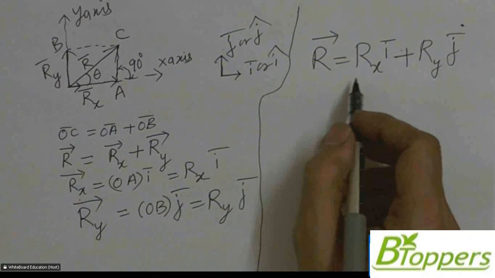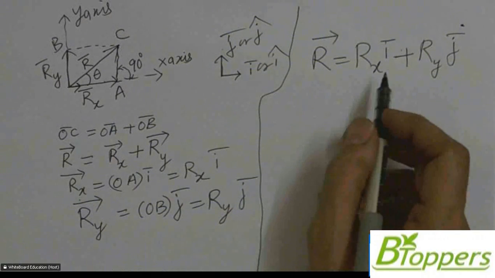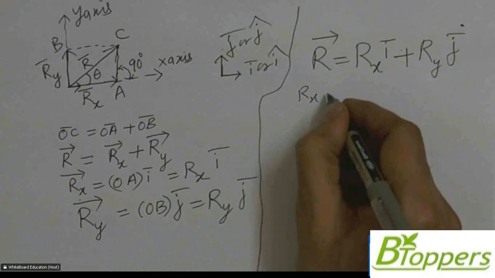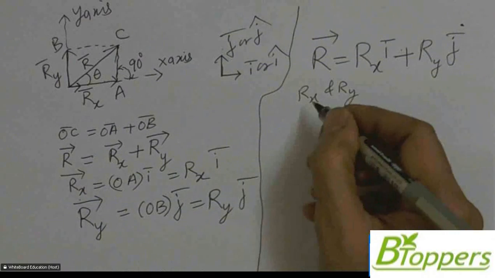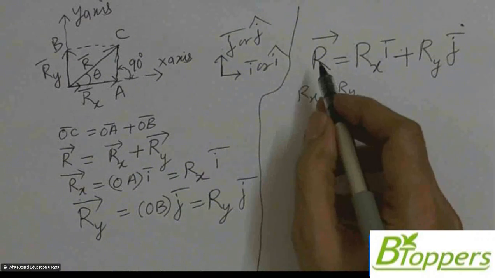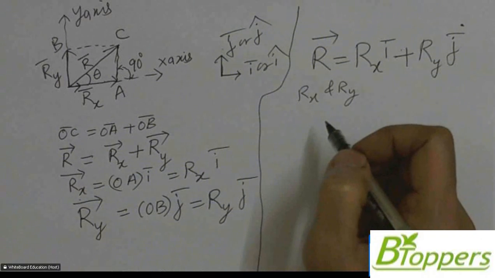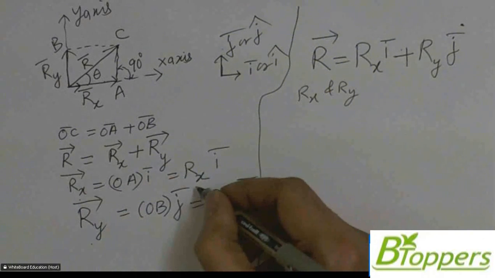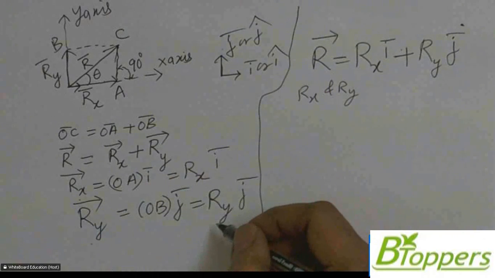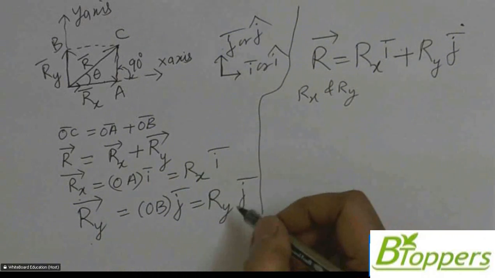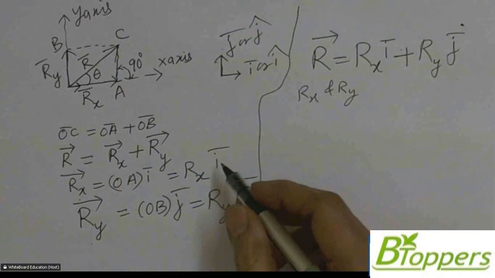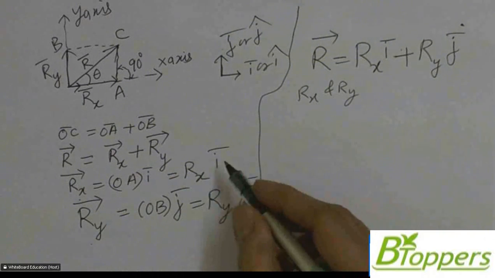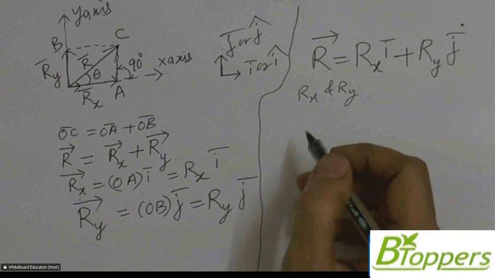This Rx and Ry are called scalar components of vector R bar, whereas Rx bar and Ry bar, that means Rx I bar and Ry J bar, are called vector components of vector R bar along the x and y axis respectively.